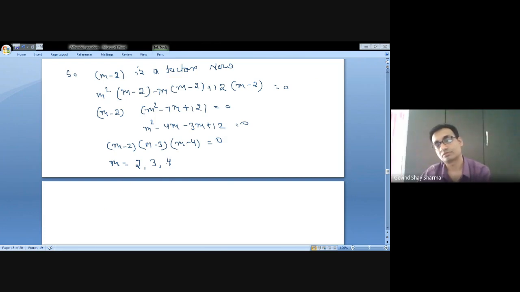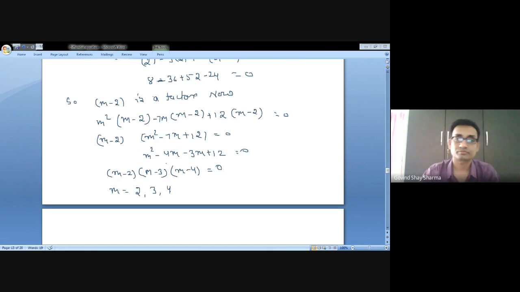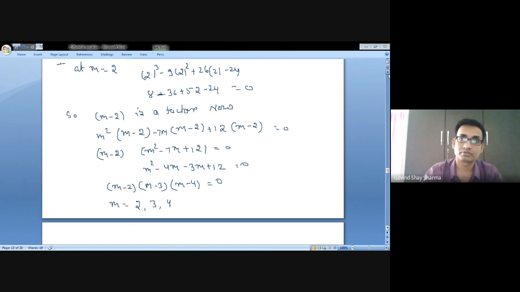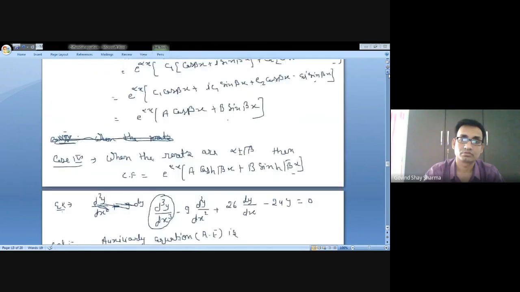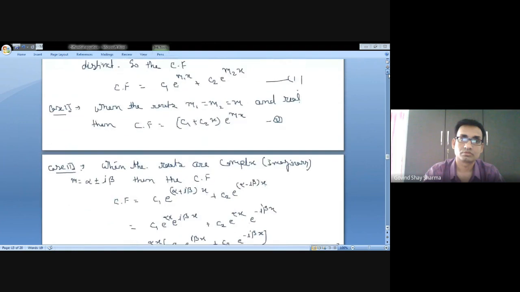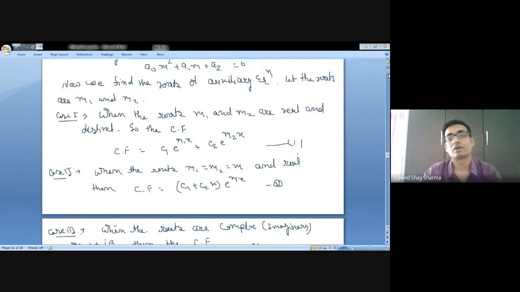Okay. Now we see the case. 2, 3, 4 are real numbers and all are different. So I will take case first: when the roots m1 and m2 are real and distinct. So the CF is equal to C1 e to the power m1x plus C2 e to the power m2x, and here there are 3 roots, so plus C3 e to the power m3x.